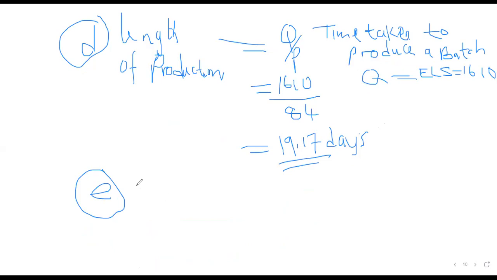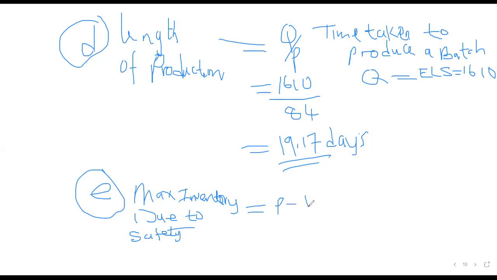Yes, you have. Now we go for maximum inventory level. The formula is P minus D, then multiply by Q over P. The P minus D is simply called inventory build-up.